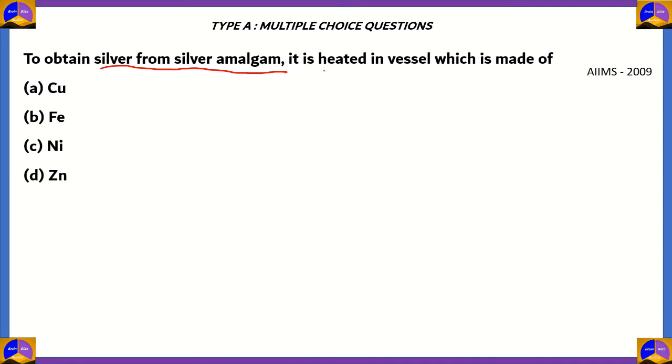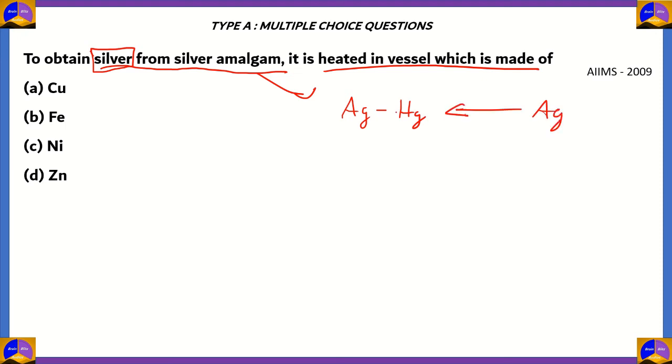Over here, the question is to obtain silver from silver amalgam. It should be heated in a vessel made up of what? You need to get silver from AgHg.